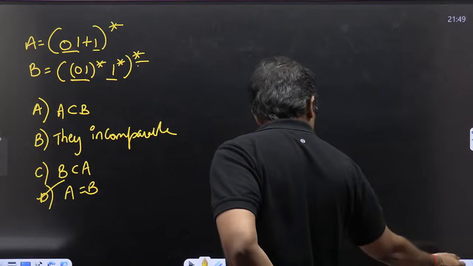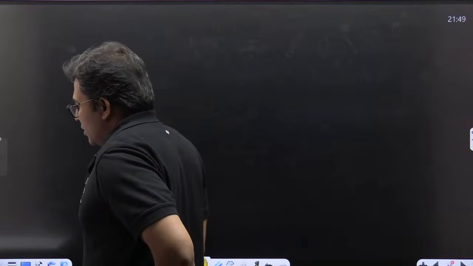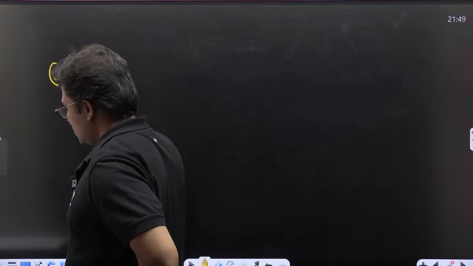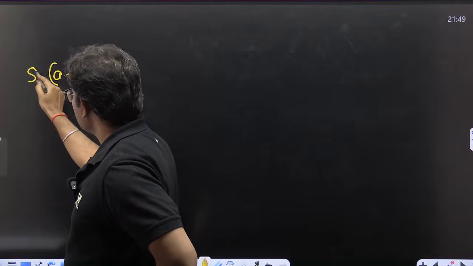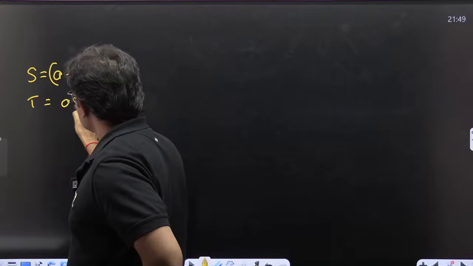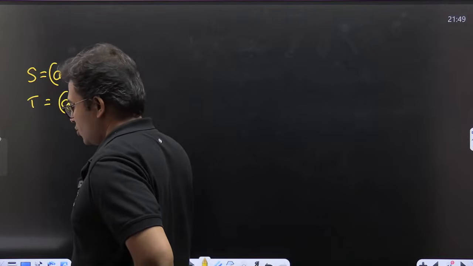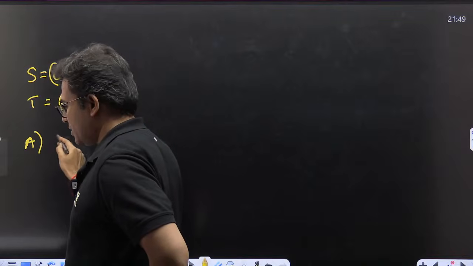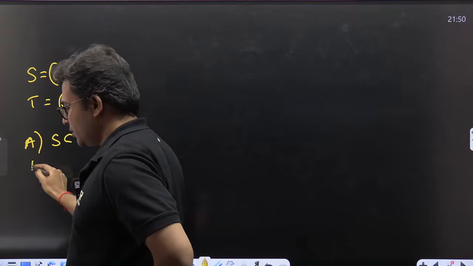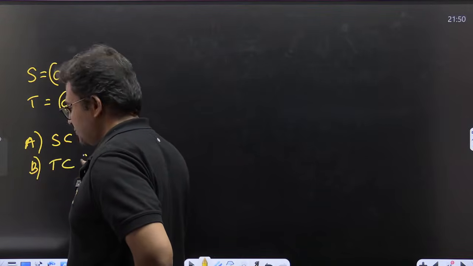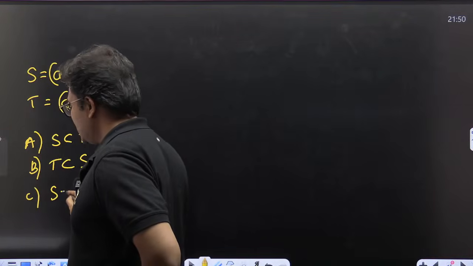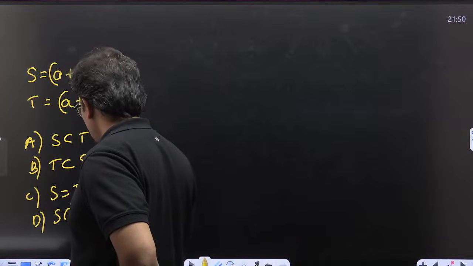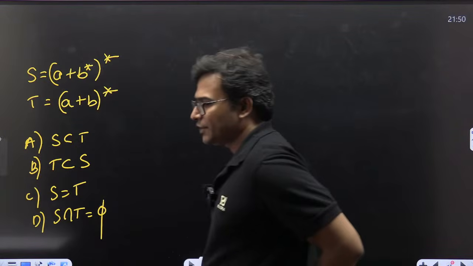So the next one is: S is (a+b*)* whole star, and T is (a+b)*. Then options are: A, S is a subset of T; B, T is a subset of S; C, S equal to T; D, S intersection T is equal to empty set.